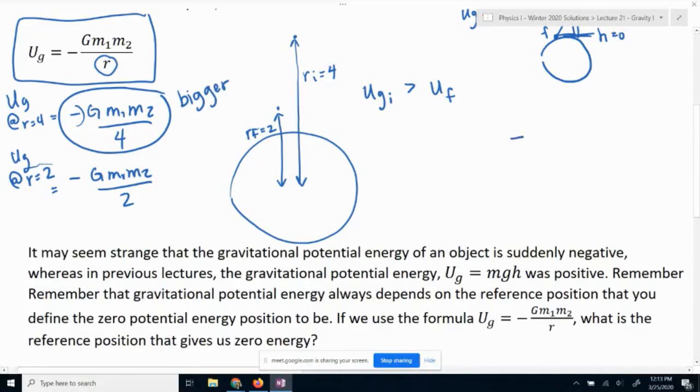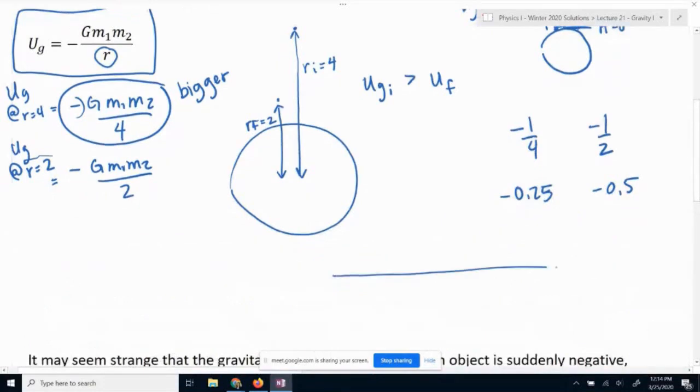Just like if we were to say negative a quarter compared to negative a half. Negative a quarter is negative 0.25 and negative a half is negative 0.5. If we drew that on a number line, let's say this is 0, negative 0.25, negative 0.5 is smaller, right? The absolute value of negative 0.5 is bigger, but because it's negative, it's a smaller value than negative 0.25.